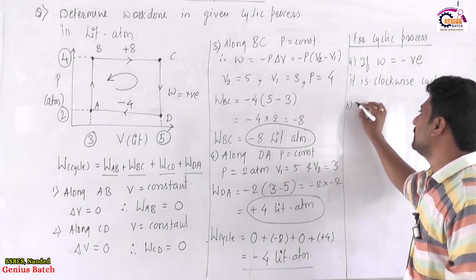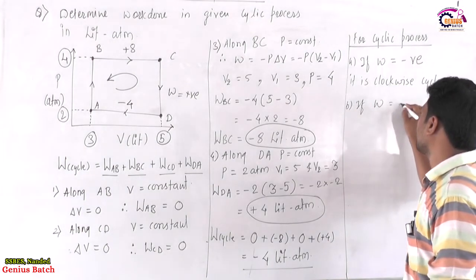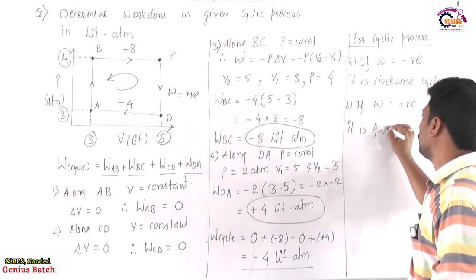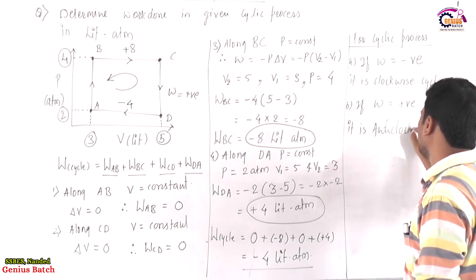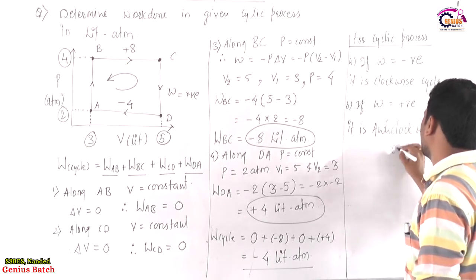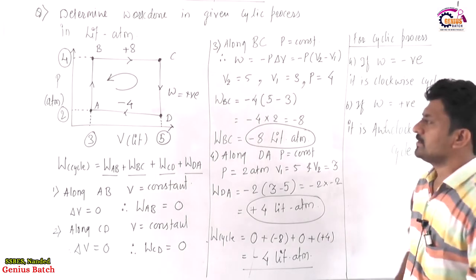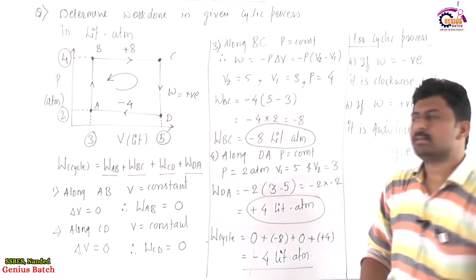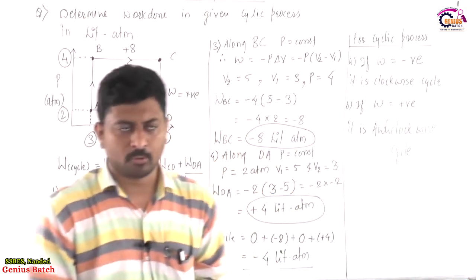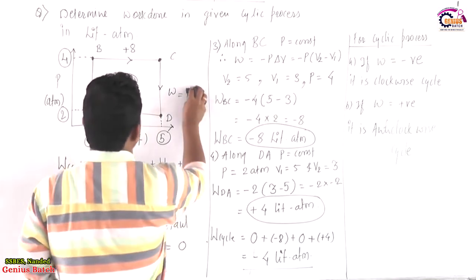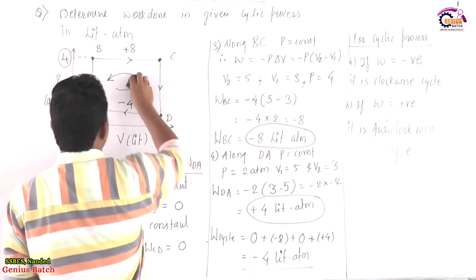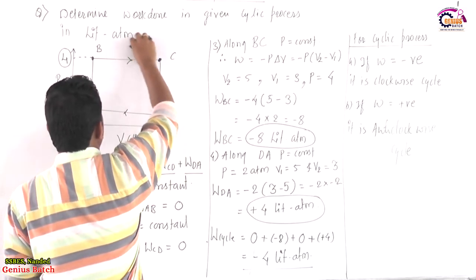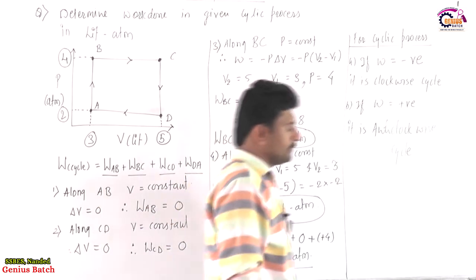And second, if W is positive then it is anti-clockwise cycle. सायक्लिक प्रोग्रेसमध्ये साइन ऑफ वर्क डन एक्सपान्शन किंवा कंप्रेशन डिसाइड नाही करत, तर हे डिसाइड करतं मोड ऑफ प्रोग्रेशन. मोड ऑफ प्रोग्रेशन इन द सेन्स वेदर इट इज इन अ क्लॉकवाइज सायक्लिक प्रोसेस or it is in anti-clockwise cyclic progress. Okay.